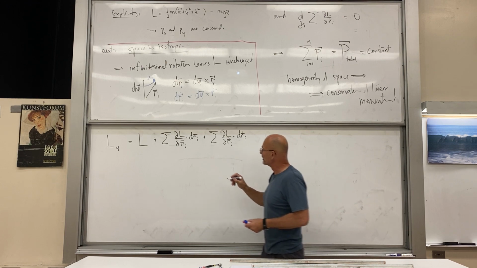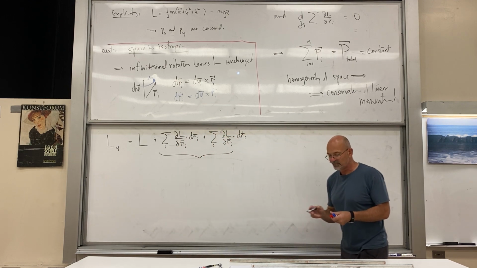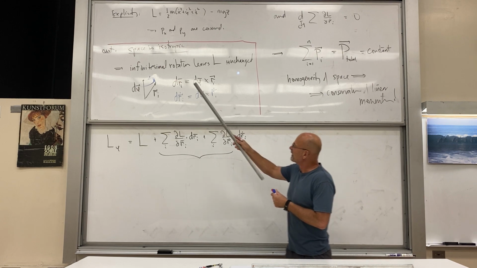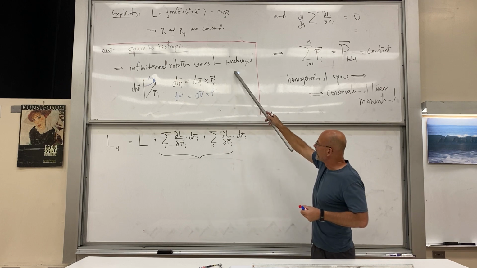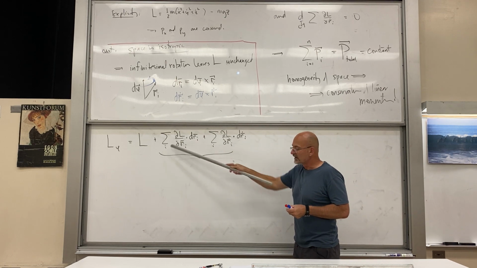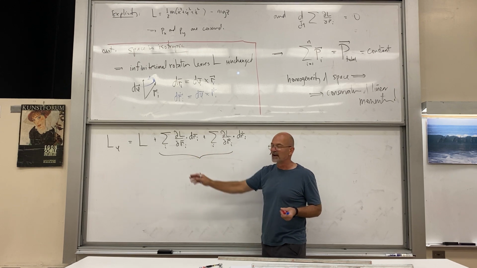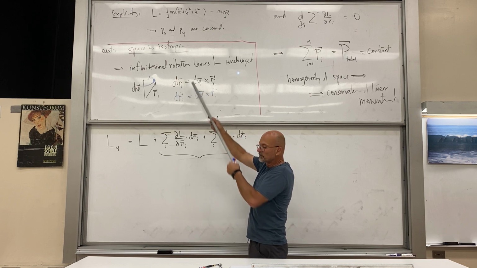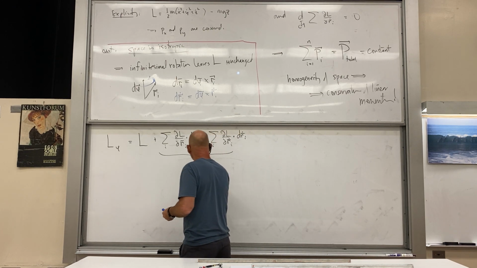And again, we're going to require, based on this requiring that space is isotropic, the infinitesimal rotation must leave L unchanged. So when we do this expansion, this first little change in the Lagrangian has to vanish. Okay, we're requiring that based on the isotropy of space. So this whole thing is going to be 0.